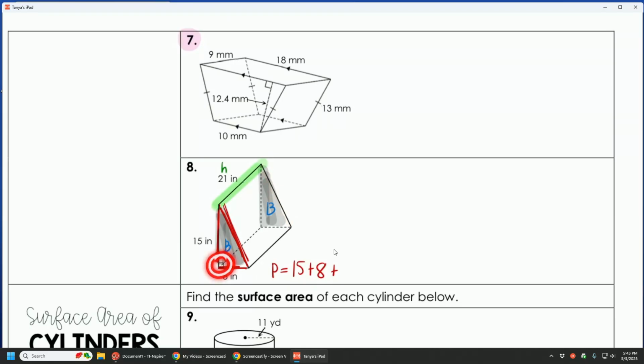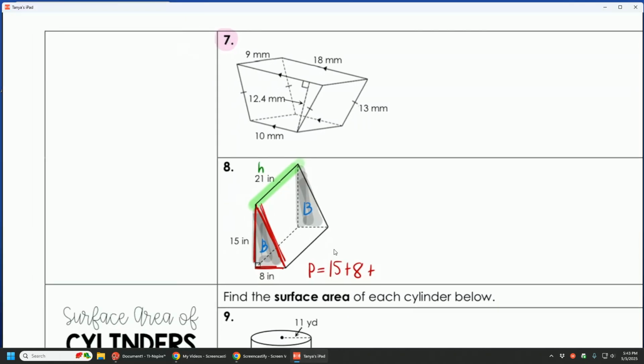But what's good is that this is a right triangle, so to find that diagonal, I'm going to redraw that triangle kind of just here to the side. I have that this is 15 and this is 8. I want to find this side. So this is Pythagorean theorem. 15 squared plus 8 squared equals x squared. And then if I square root both sides, that'll get me that x. So let's find out what that is.